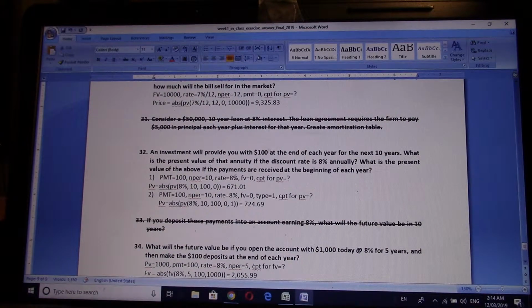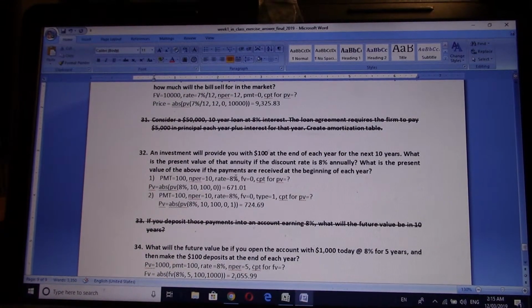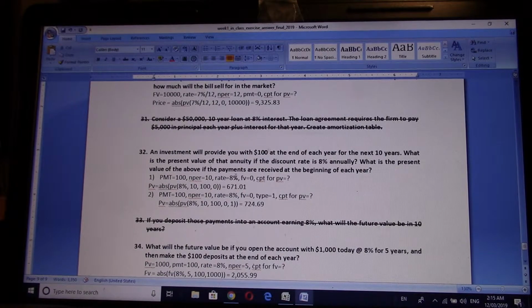This is just similar. You can look at the solutions I put there. The difference between these two is just one thing. For the first part, the type is 0 or omitted because this is an ordinary annuity question. For the second one, the type should equal 1. That's the difference.